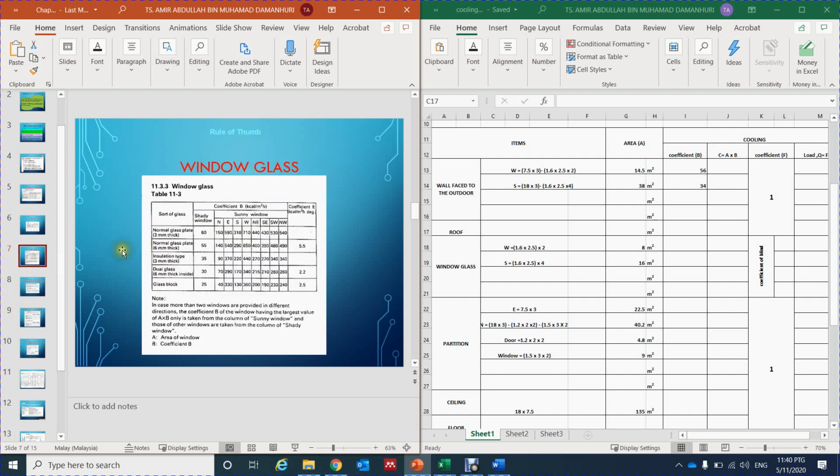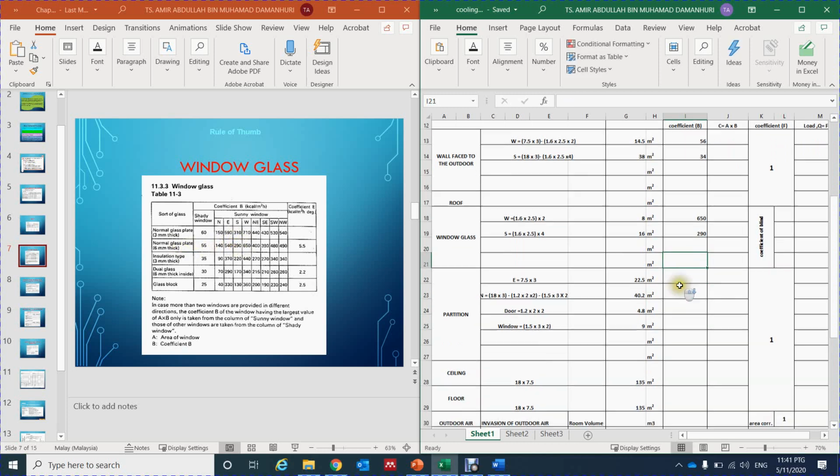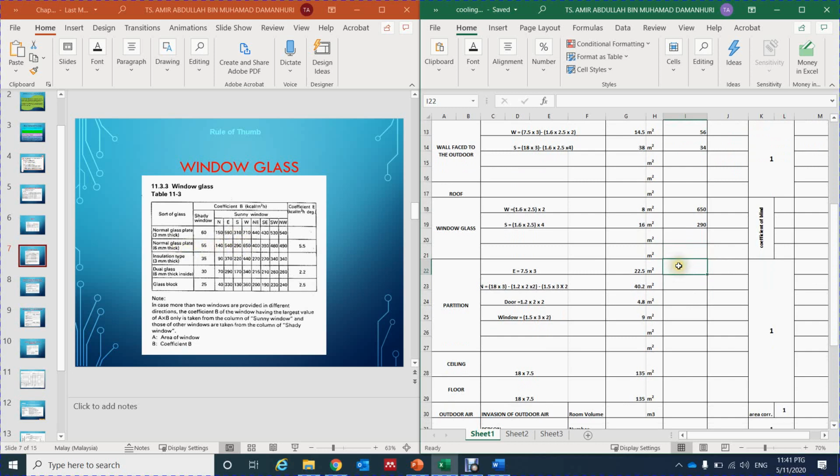So now we go into the coefficient of B. First, it is normal glass 6 mm thickness, so the orientation is west, normal 6 mm west, so the value here is 650, and then we have to look at the south orientation, normal glass thickness. The sunny window coefficient of B is 290 here. And then the next one is the partition.